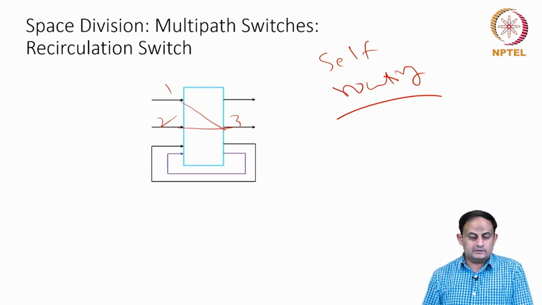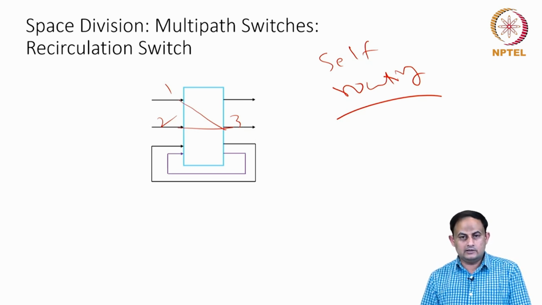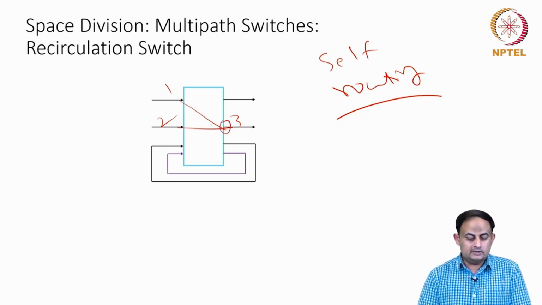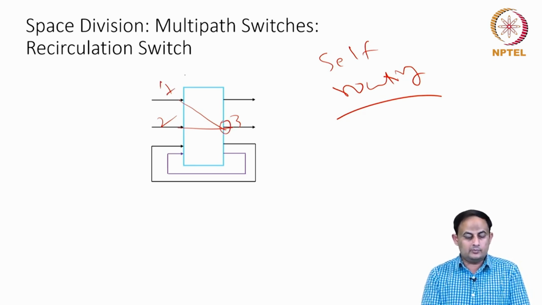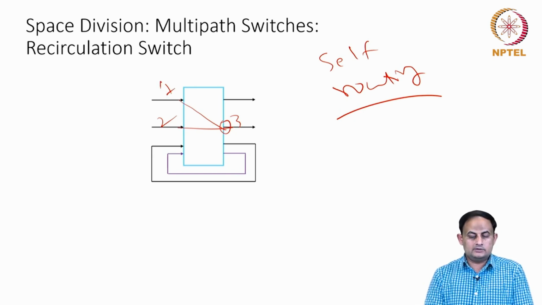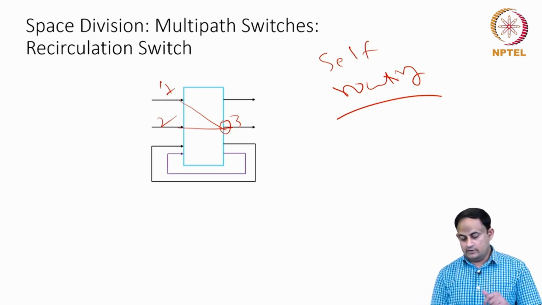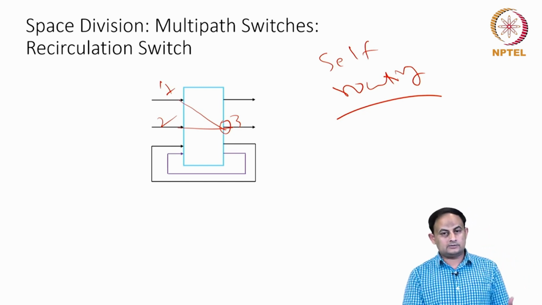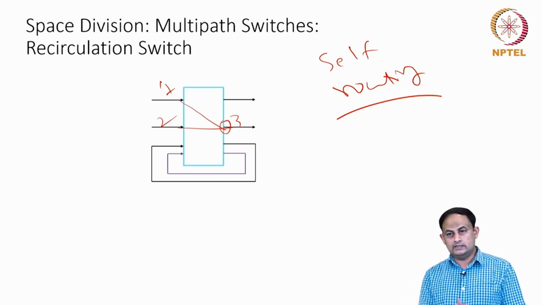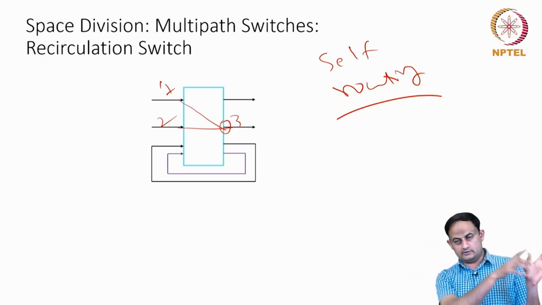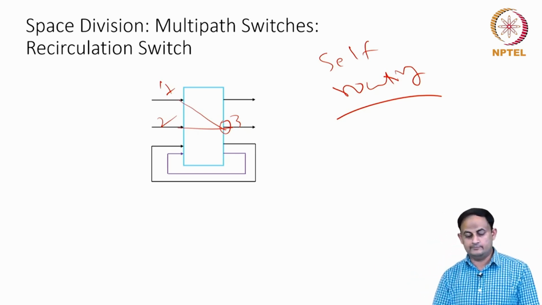So, this is a switch design which is called the recirculation mechanism, where by virtue of the arbitration you are able to pick up one of them. So, either 1 is going to transmit or 2 is going to transmit, and whatever you are not transmitting at this point of time, the bits corresponding to that packet need to be put back into the same queue from where it came.